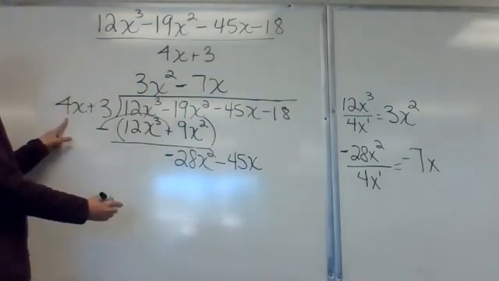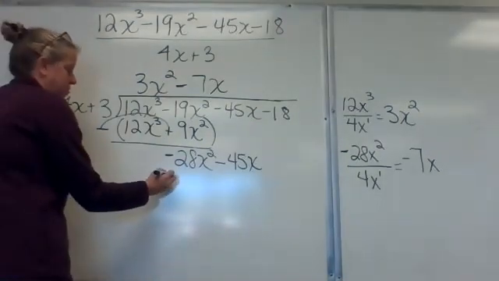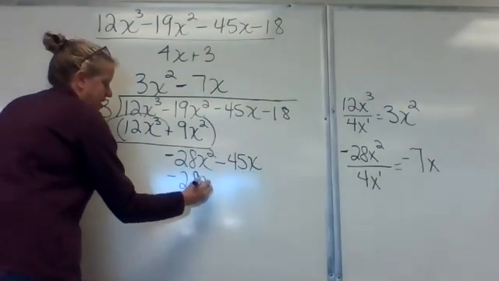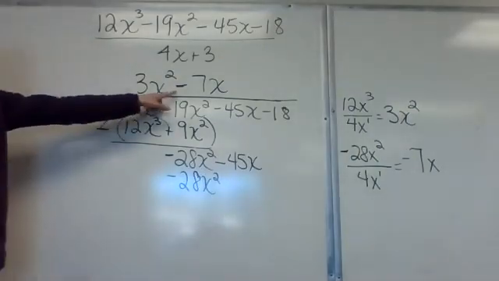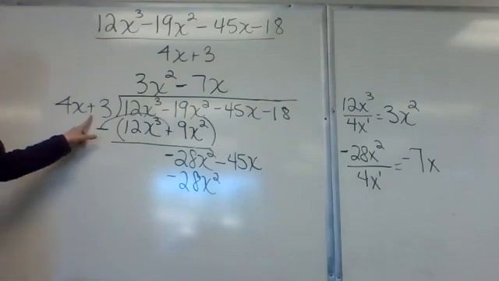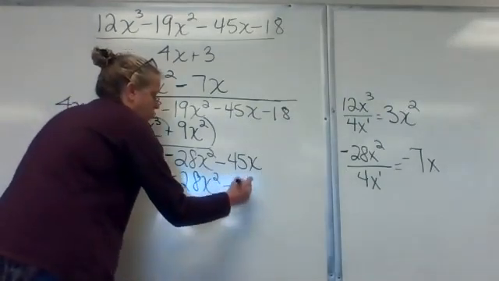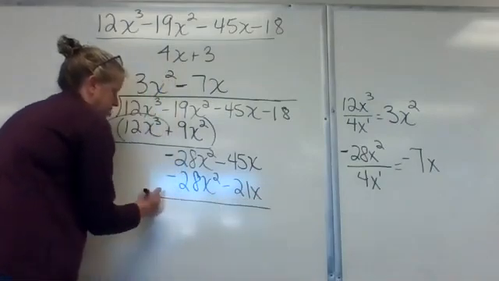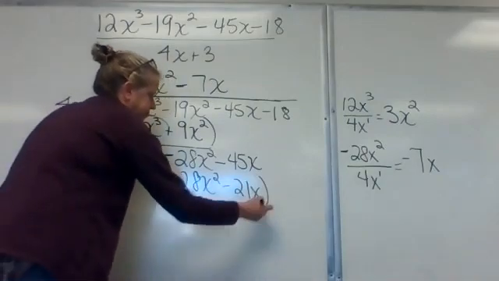So -7x times 4x gives me -28x squared, right? Now I have -7x times +3, which gives me -21x. And then I'll subtract that.